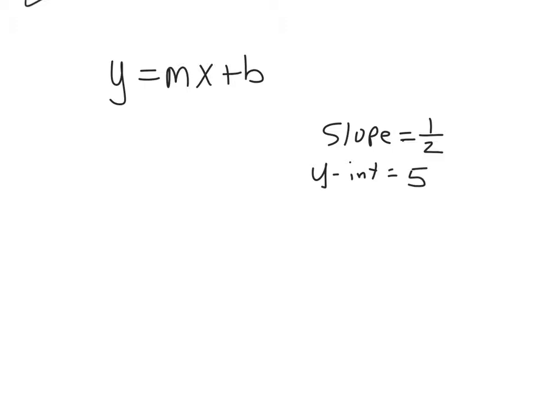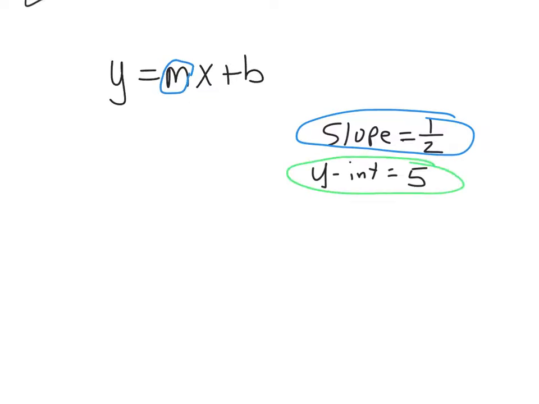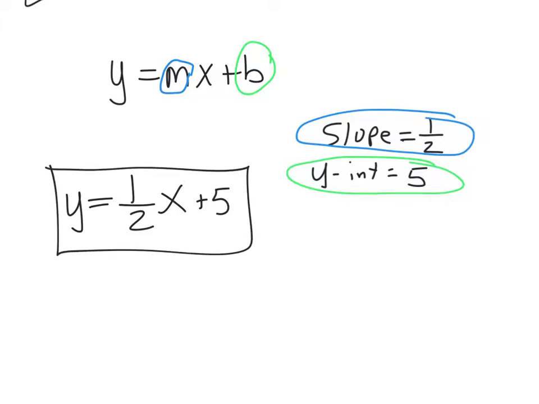We know that the slope is m, and we know that the y-intercept is b, and we know that we just leave x and y as variables. So it's very easy to go in here and just say, okay, this would be y is equal to, instead of m, I'm going to write 1/2 x, and then instead of b, I'm going to write 5, so plus 5. And that's super simple to do, right?